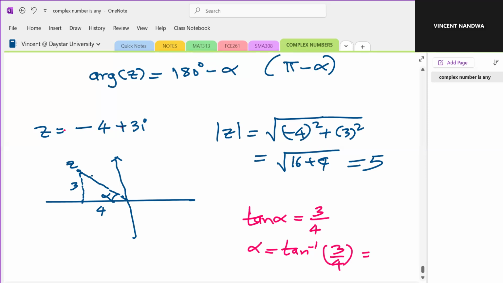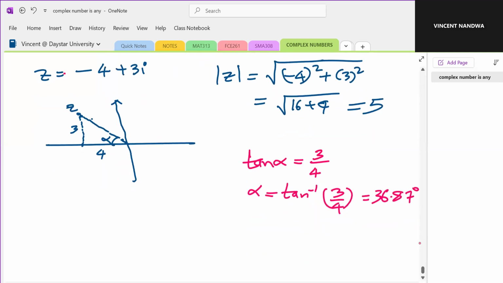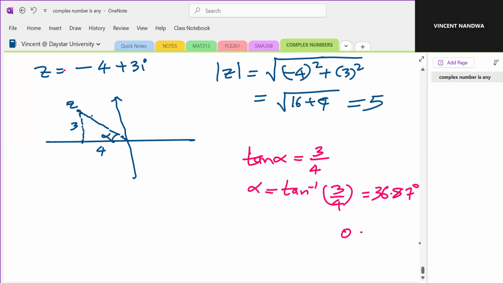So 3 divided by 4, then tan inverse of that answer will give you 36.87 degrees, which you can convert in pi radians by dividing by 180, which is the same as 0.2048 pi.